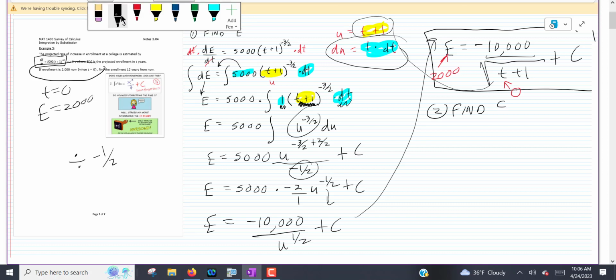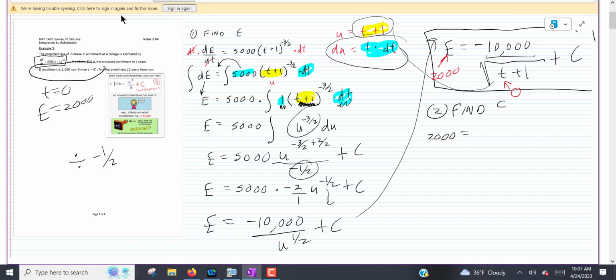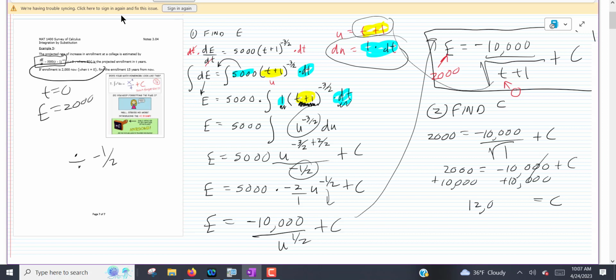So what we'll get here is 2,000 is equal to negative 10,000 over square root of 1 plus C. Square root of 1 is 1, so you would just have 2,000 equals negative 10,000 plus C. Then you can add 10,000 to both sides, and you end up getting C equals 12,000.